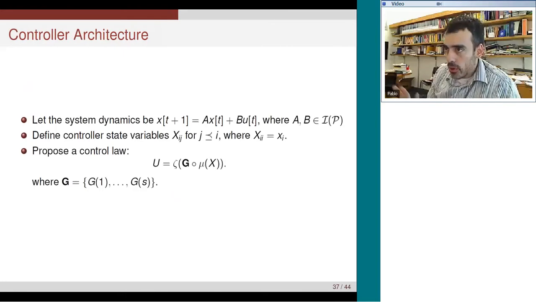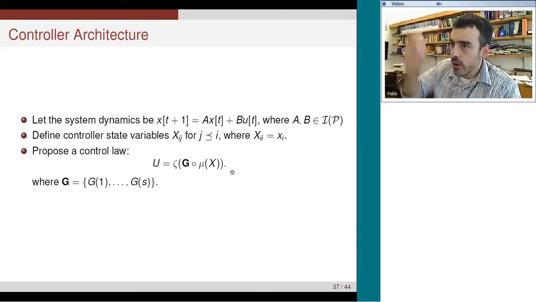So what's the idea? I mean, what's the architecture of the control that we're proposing? The structure of my controller is going to look like something like this. X in there is going to be, remember, this matrix that I formed with the local states and my estimates of what everybody else in the future is going to be doing.